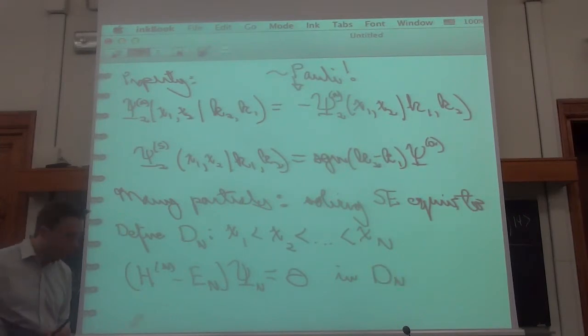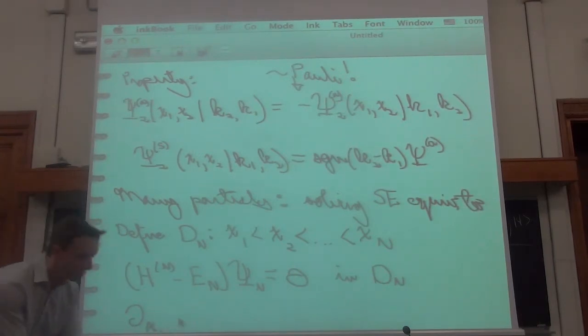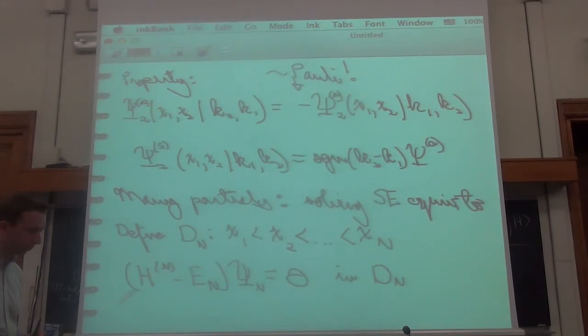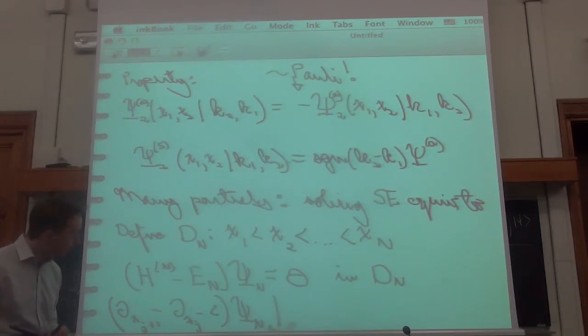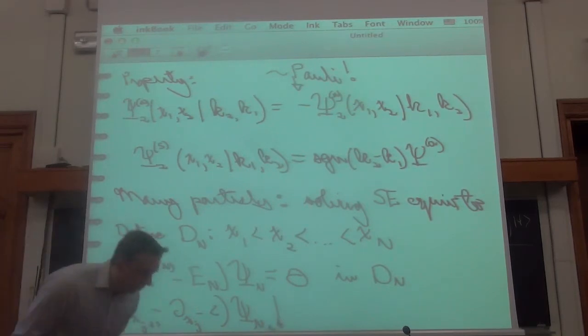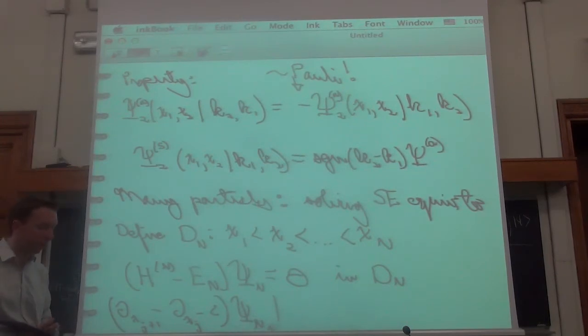And then you want to solve the boundary conditions: (∂_{x_{j+1}} − ∂_{x_j} − c) ψ_n, evaluated on the slices where x_{j+1} − x_j is equal to 0+.